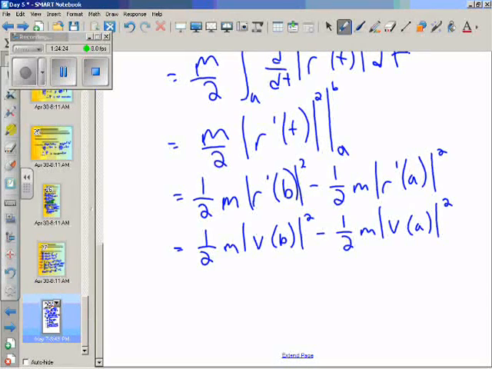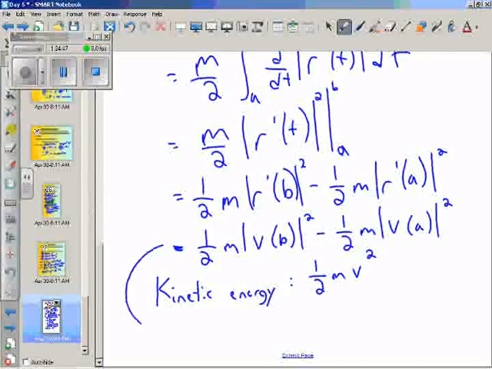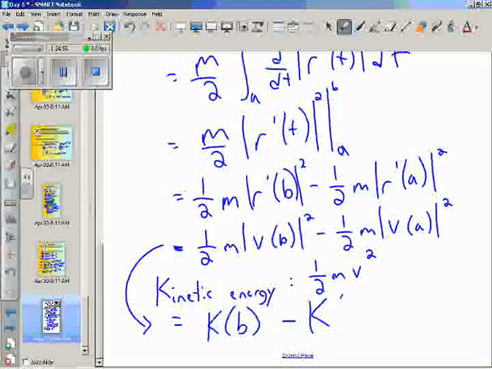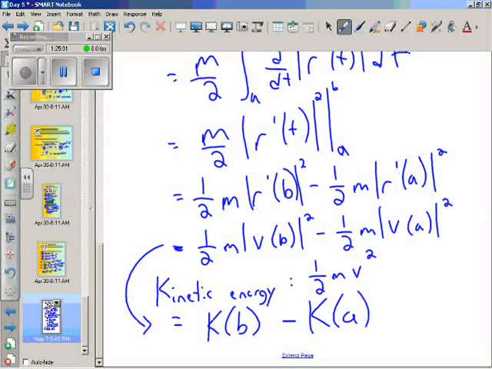Now, if you've taken any physics class, you might recognize that we name kinetic energy as 1/2 mv squared. And so this equation here can be written one more time as the kinetic energy at B minus the kinetic energy at A. So in other words, that line integral is just the change in kinetic energy.